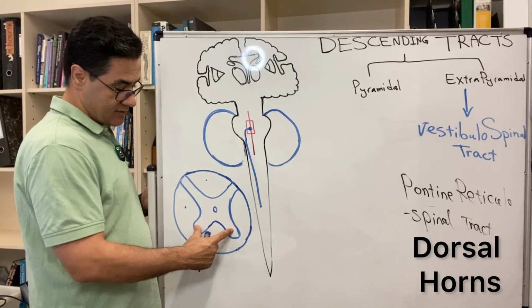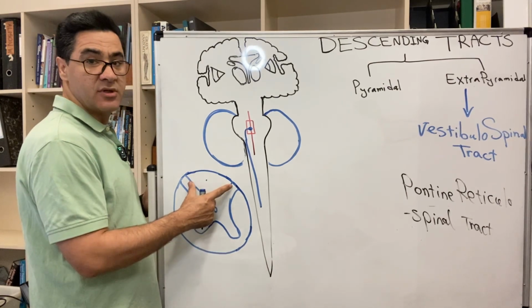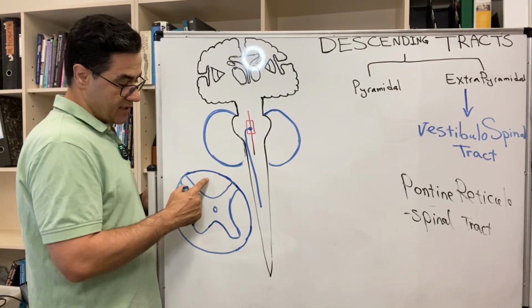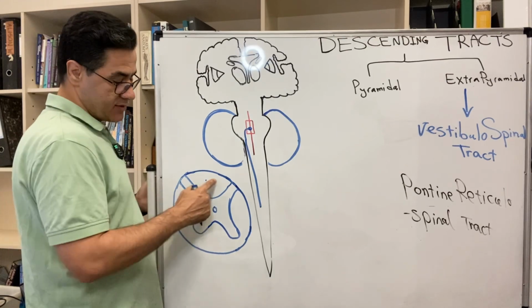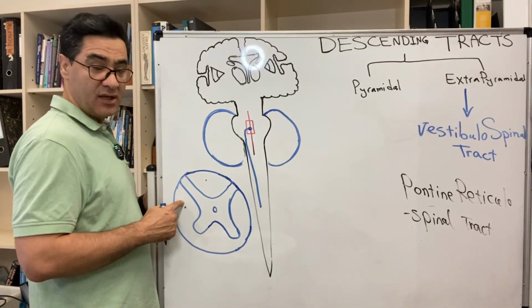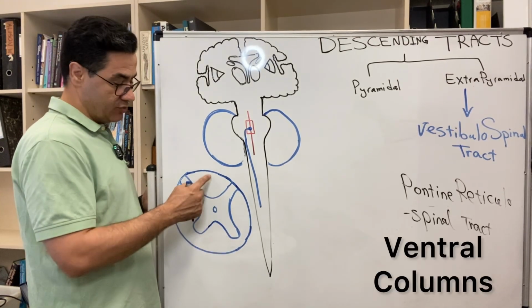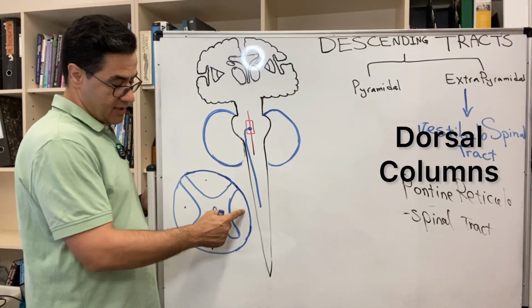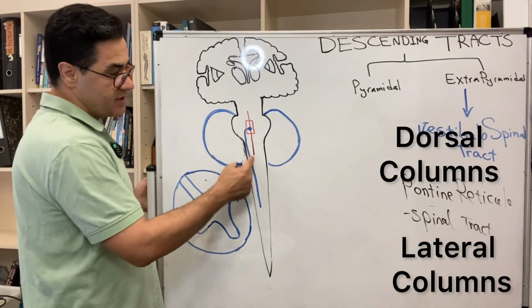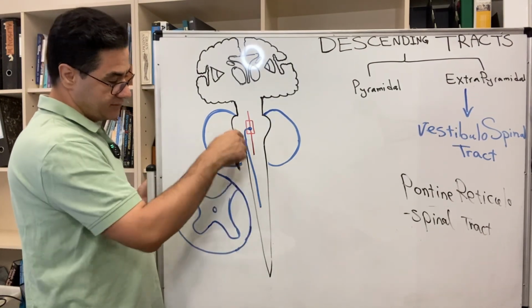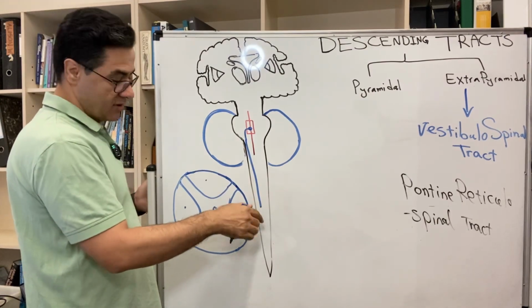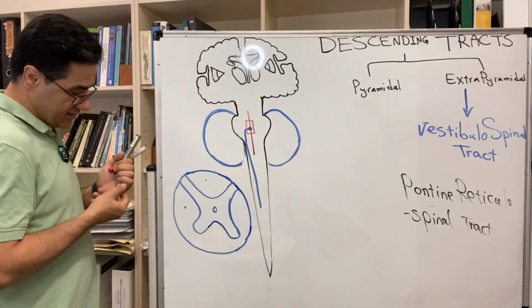White matter contains different columns: ventral or anterior column, dorsal, posterior column, and lateral columns. So when the upper motor neuron axon getting into the spinal cord, it lands here.